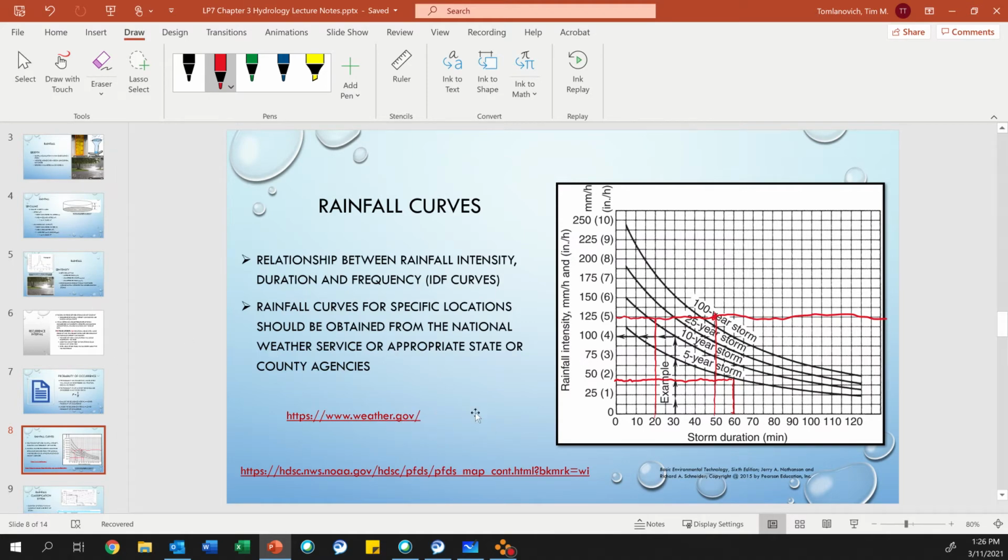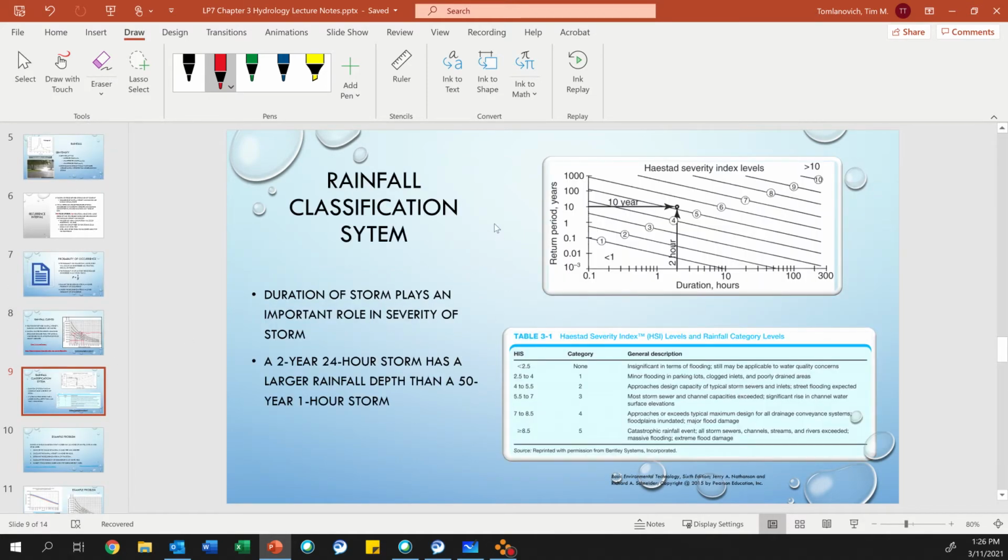There's also a rainfall classification. We need to classify these rainstorms similar to earthquakes on the Richter scale, magnitudes. If you look at the example here in the upper right-hand corner, this is the Haystack Severity Index levels from your book. On the x-axis is duration in hours, and the y-axis is return period.